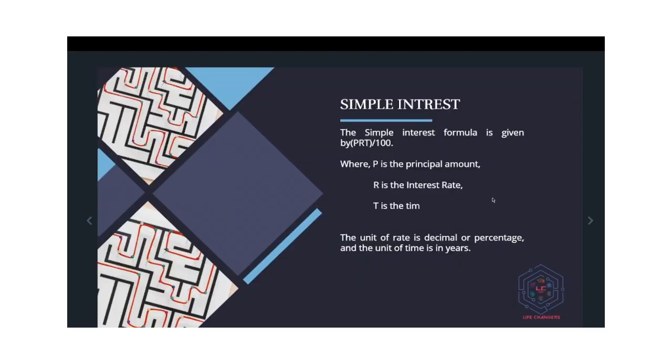Simple interest. The simple interest formula is given by P times R times T divided by 100, but this is the basic definition. I'll give you a real-time example. You borrowed 5,000 for 2 years with 2% interest per year. Calculate the simple interest to know how much you have to pay.